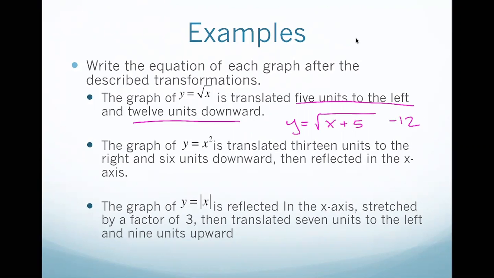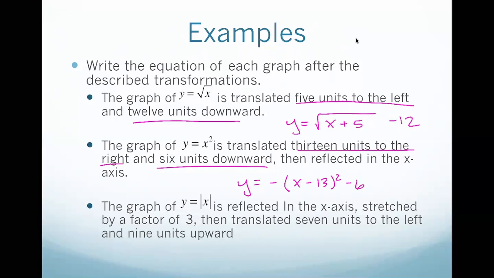The next one says translated 13 units to the right, 6 units downward and reflected across the x-axis. So we have y equals negative, with a parenthesis, and to the right would be (x minus 13) squared, and then 6 units downward, so minus 6.